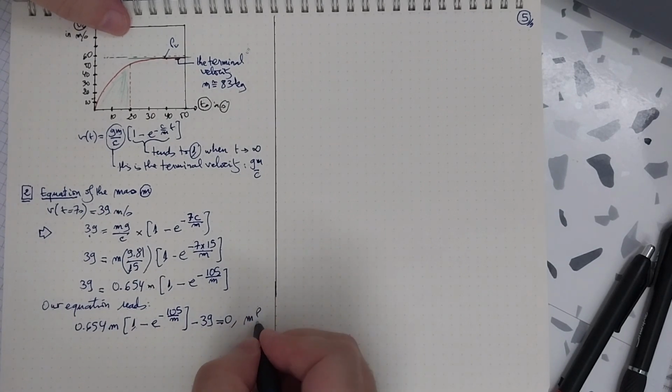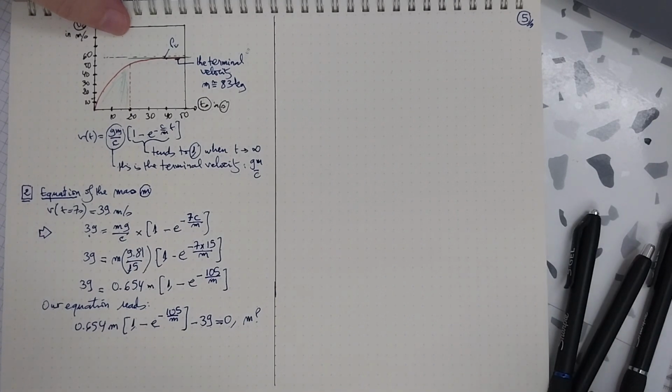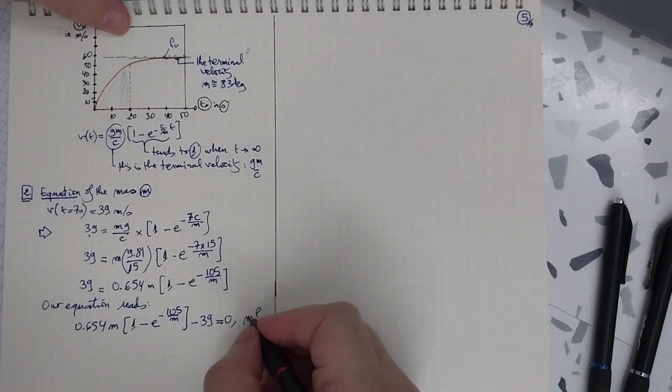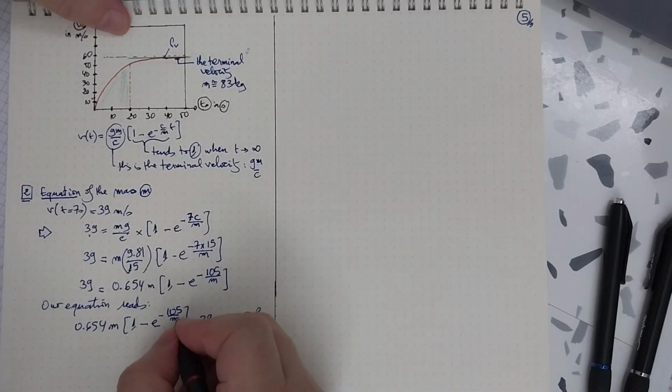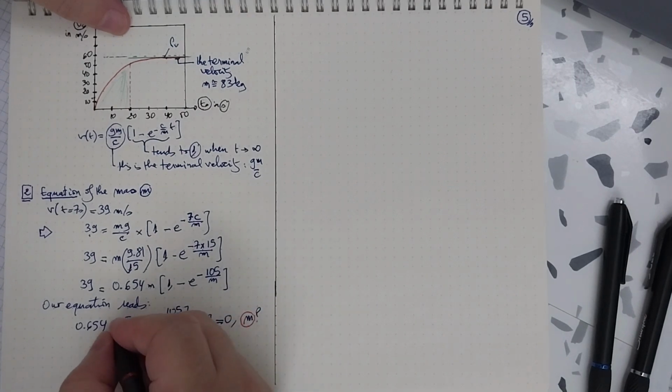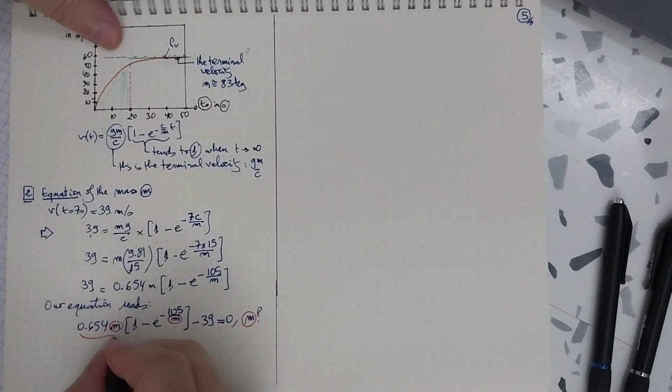Find m. So here x is m. This is the unknown, and this is the function of m.